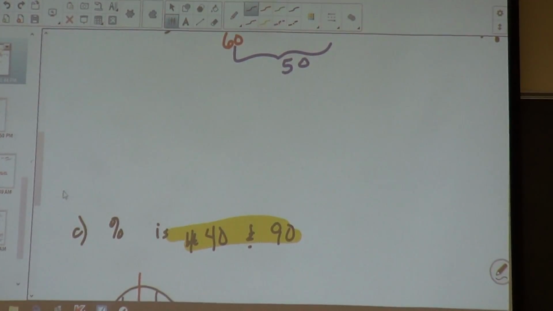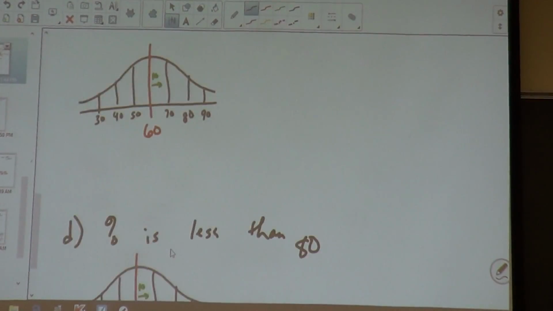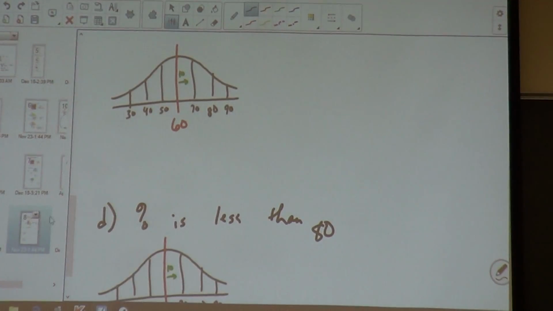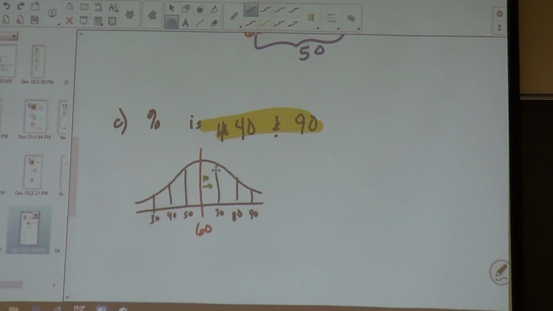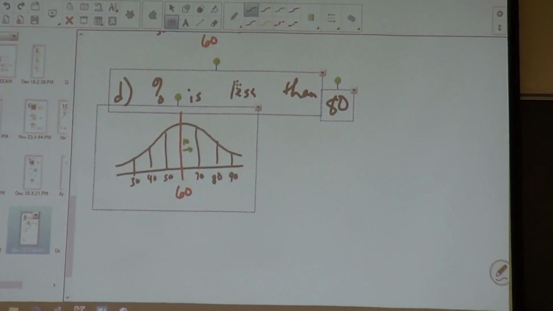All right, let's look at some more. Same problem. Let's see, I got 2 of them. Let me pull them both up. Oh, crud. Let's see if I can get them both at the same time. We have between 40 and 90 and less than 80.